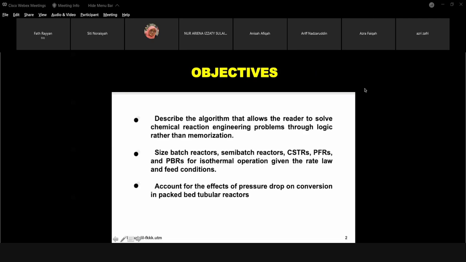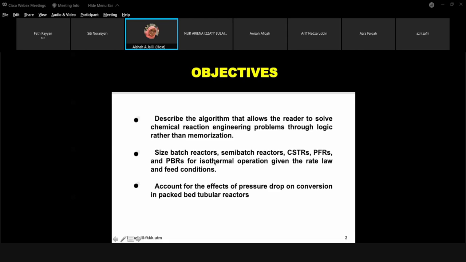After you finish chapter 4, you can describe the algorithm, the sequence that allows the reader to solve chemical reaction engineering problems through logic rather than memorization. You do not need to memorize, but you can solve what you want to solve. And then you can size the reactors, all the reactors.